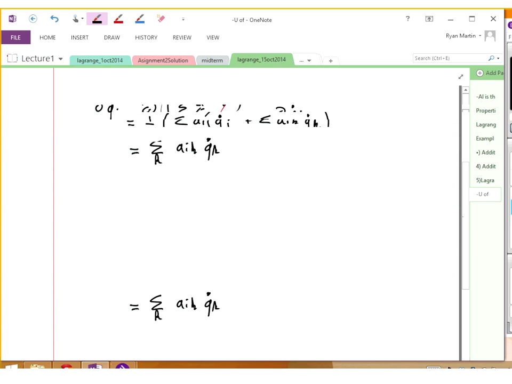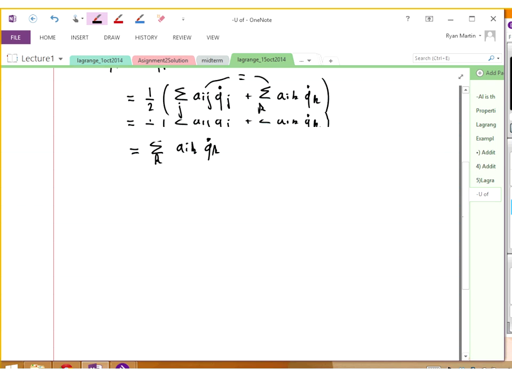So now in the quantity H, remember what appears in the quantity H is Qi dot times ∂L/∂Qi dot. So let's look at that term. Consider the sum over I equals 1 to N of Qi dot times ∂L/∂Qi dot. We just calculated that, right?